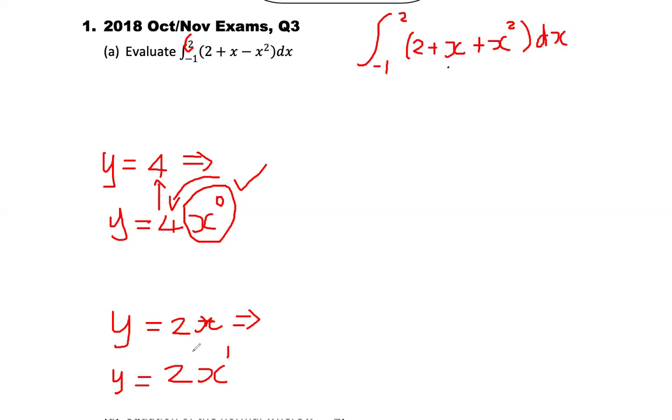Same applies here. When the power is 1, we don't indicate it. They will just write 2x, that is all. Once you understand these two principles, the question that we have here will be very simple to solve.